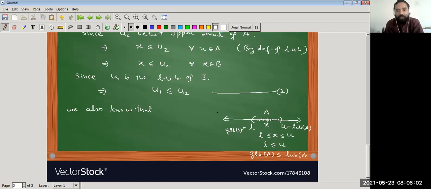Now we try to use this concept in the theorem.